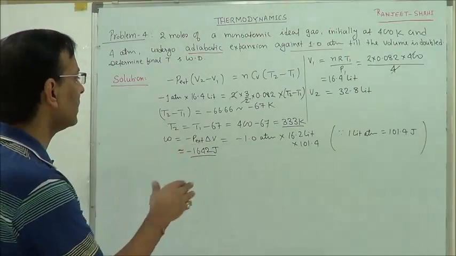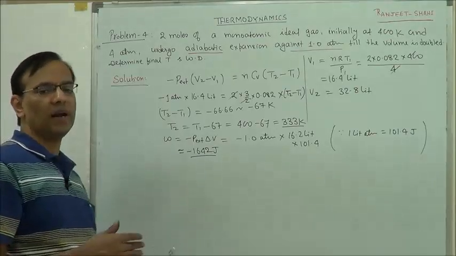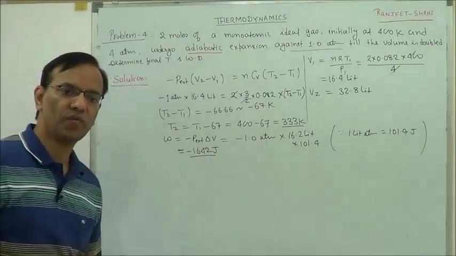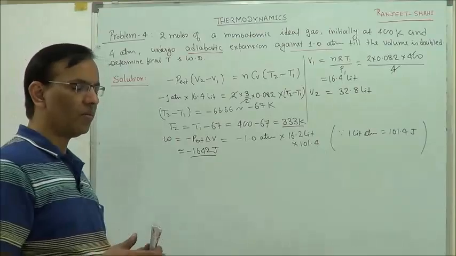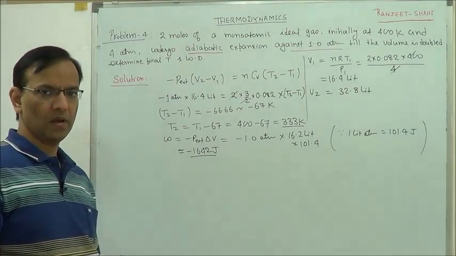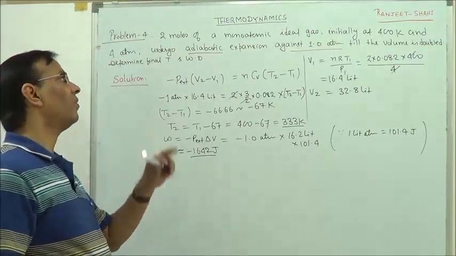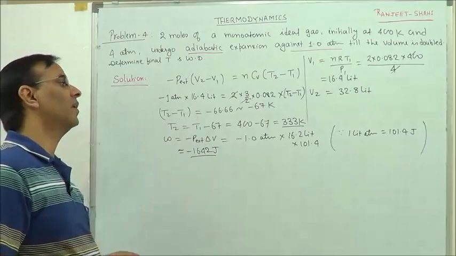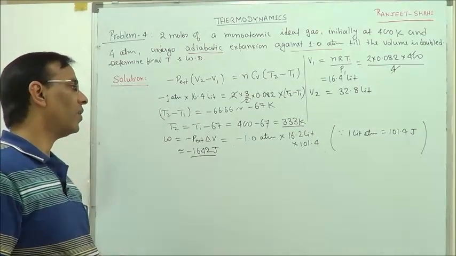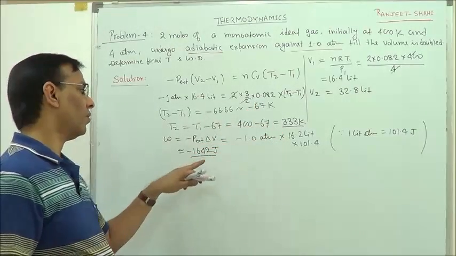So this is the way an irreversible adiabatic process differs from a reversible adiabatic process. I recommend you try the same question assuming the process to be reversible. You will find a different value of final temperature and therefore a different value of work done.